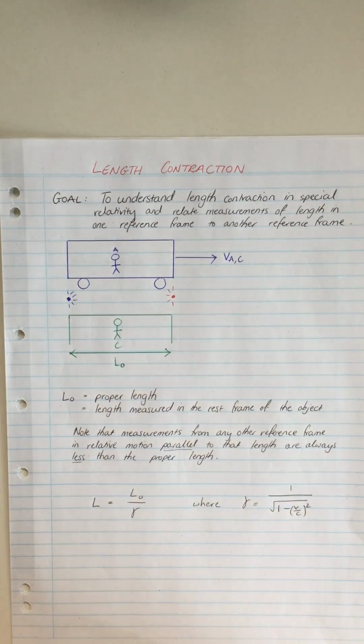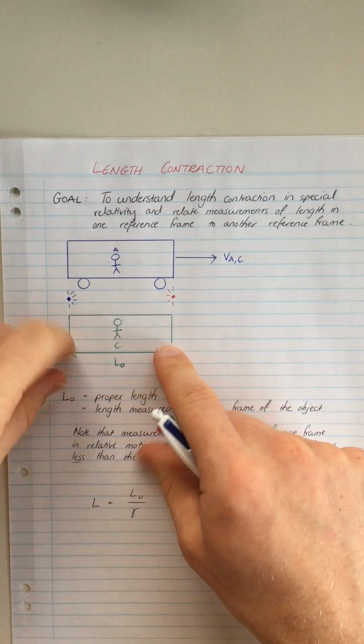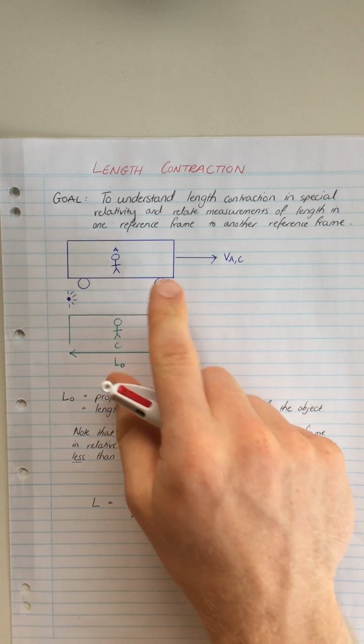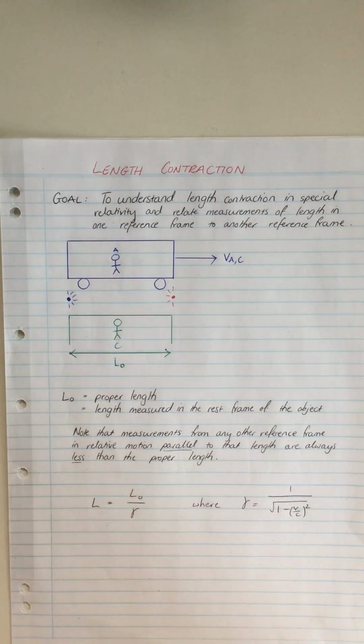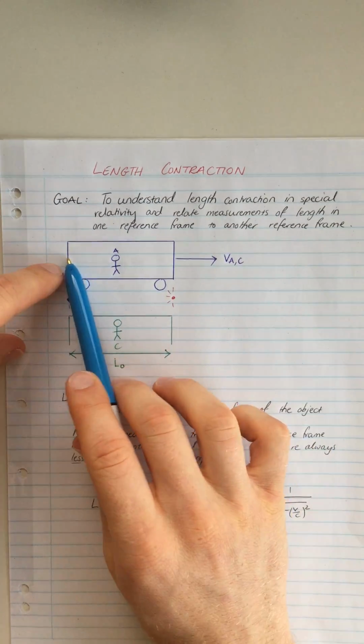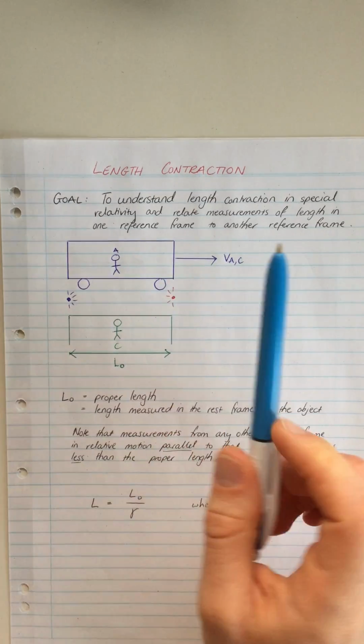One final question or thought that I might leave you with is the idea that if this person says that the platform is shorter because this person is moving relative to it, well, what if we were to ask the question about how wide is the train, or how long is the train?